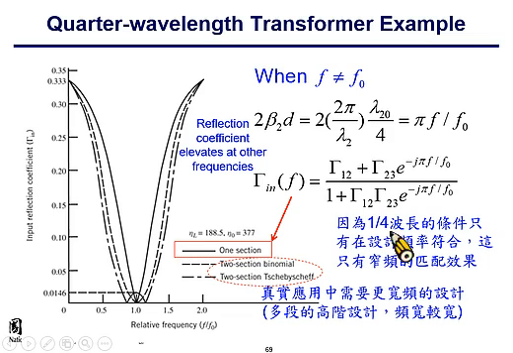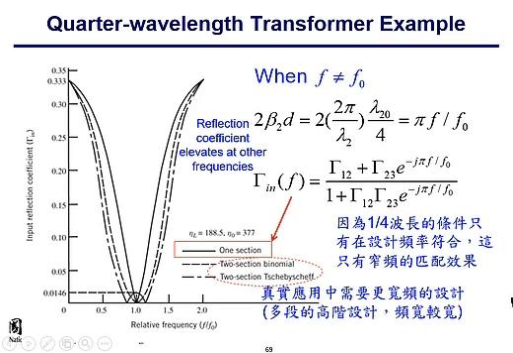In this slide, the textbook notes that the quarter wavelength transformer is valid, but only for a specific frequency. So it's actually a narrow-banded design.